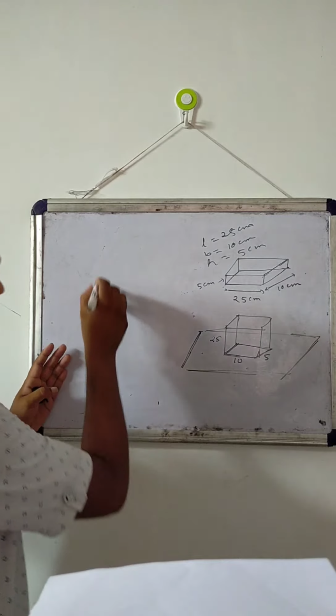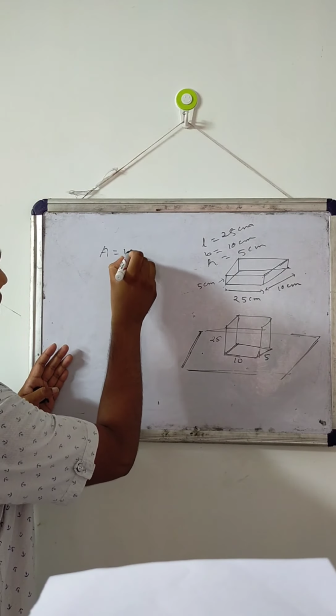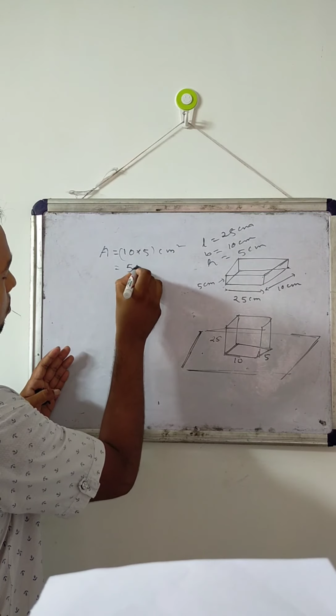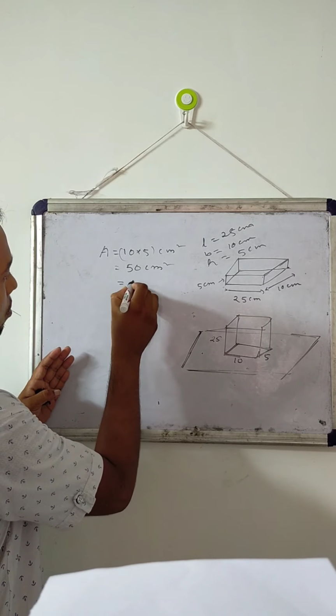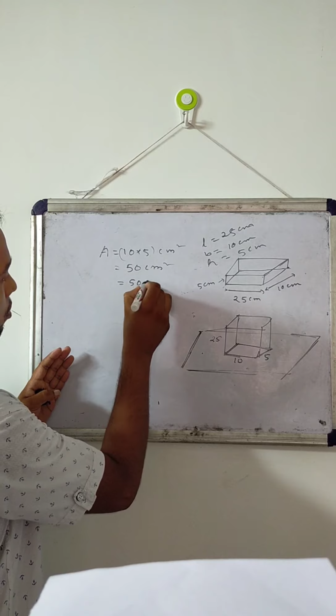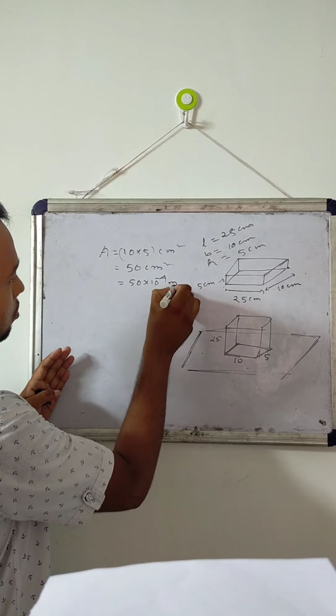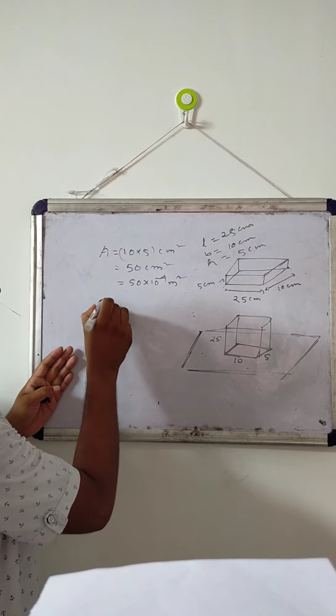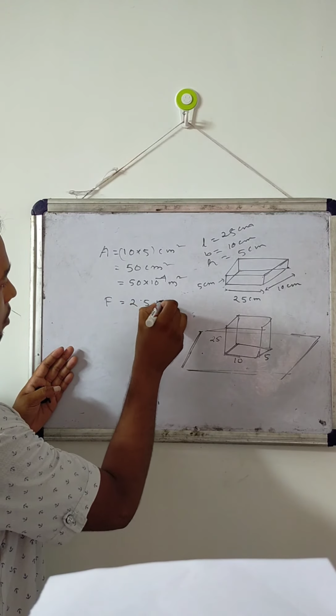Then in this case, area of contact will be 10 into 5 centimeter square, that means 50 centimeter square. To convert it into meter square, we have to multiply it by 10 to the power minus 4 meter square. Now force was our 2.5 Newton.